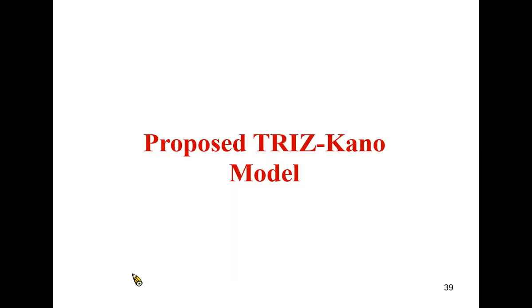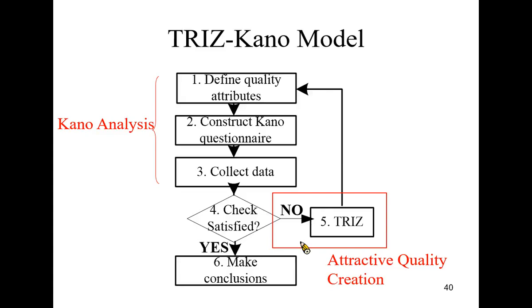Next, we will introduce the proposed TRIZ Kano model. Actually, it has 6 steps. Step 1 to step 3 is the Kano analysis.